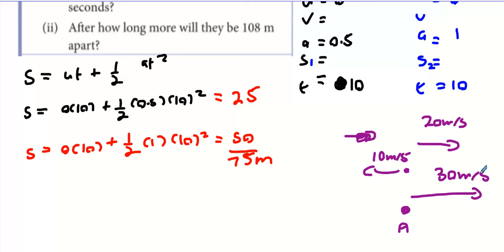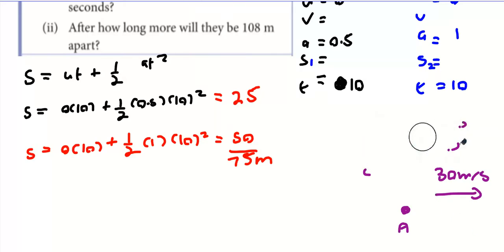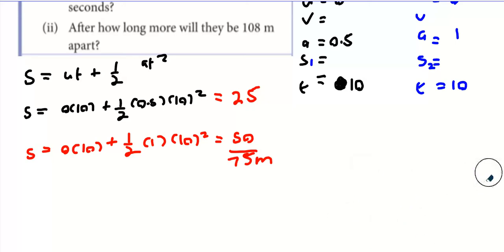Does that make sense? So this is what's called relative velocity. There's a full chapter on it, but we're not going to touch it just yet. But what I can do is combine my two data sets like this. U is 0 because there's nothing there, right? But the acceleration can actually be turned into 1.5. Why is it getting turned into 1.5?